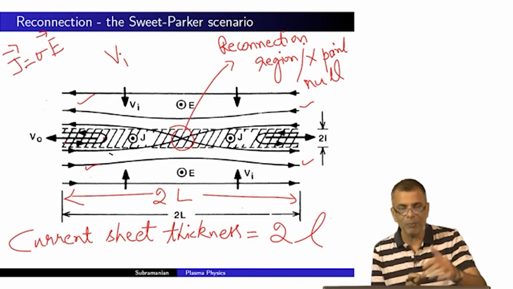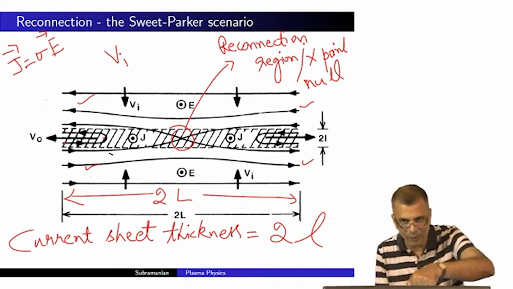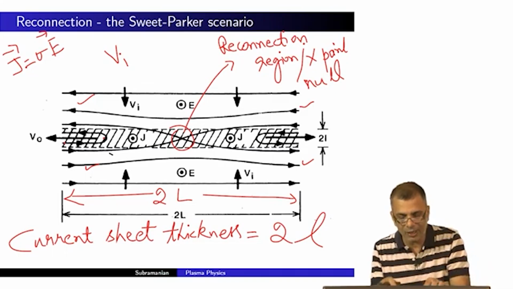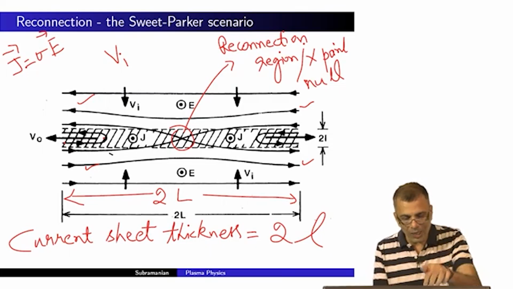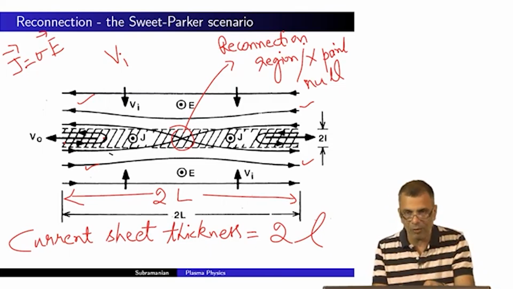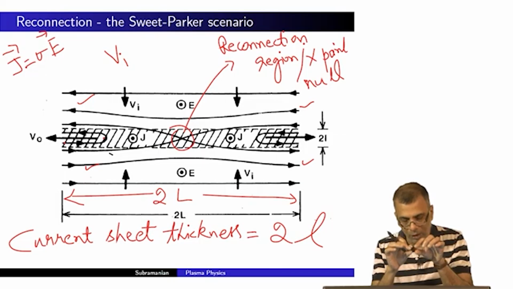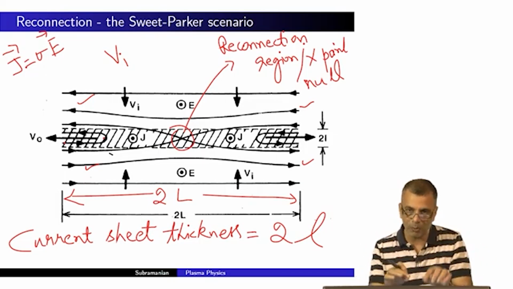Okay, the rates have to balance. The rate of bringing together of magnetic flux has to balance the rate at which they are eaten away. Number one. Number two, the mass fluxes have to be equal. Number three, there has to be pressure equilibrium. Otherwise the current sheet will grow thinner and thinner. If you want the current sheet thickness to stay constant with time, there has to be pressure equilibrium.